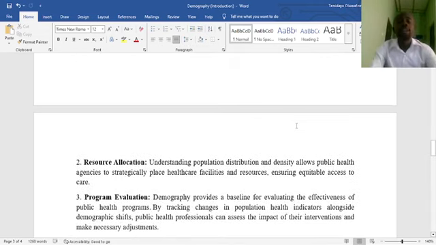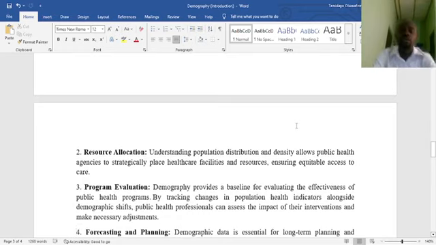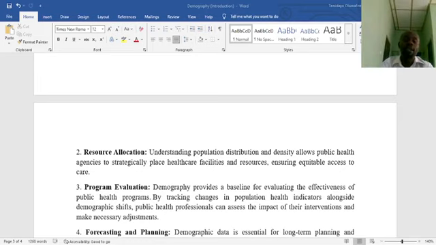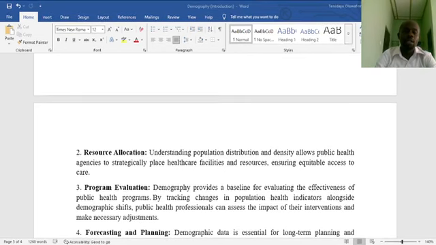So the understanding of the population distribution and density allows health agencies to strategically distribute health facilities and resources.